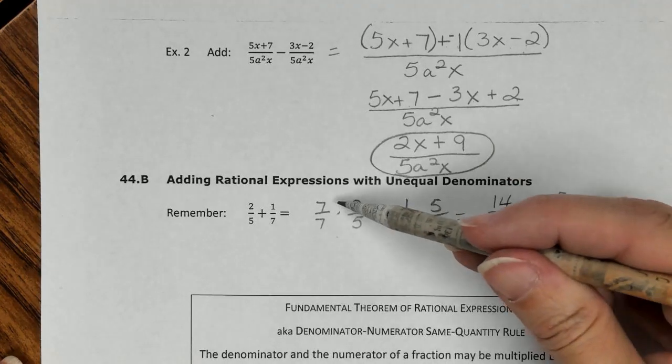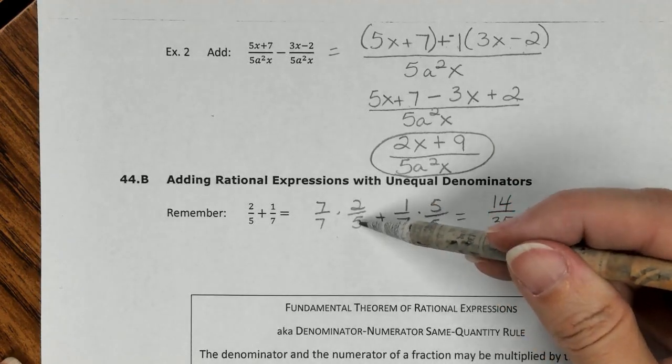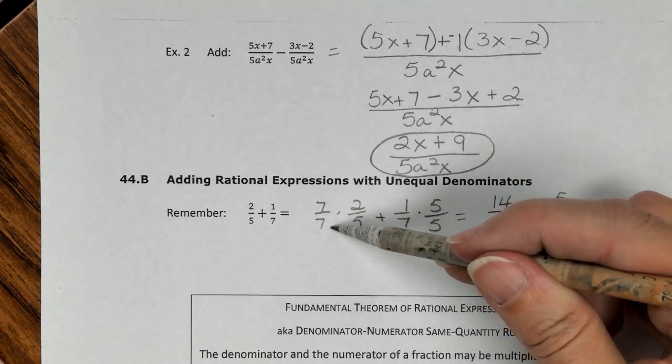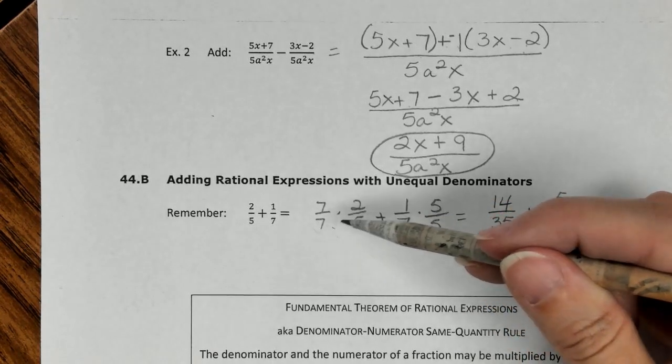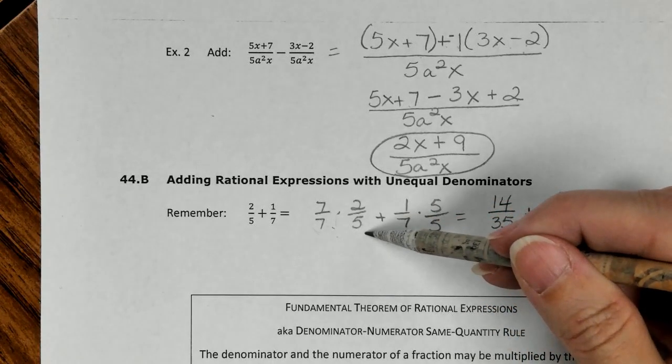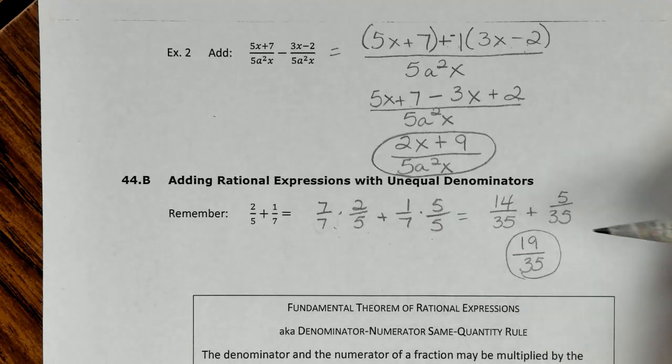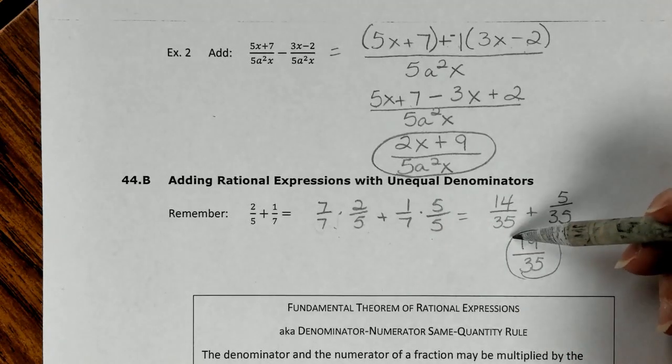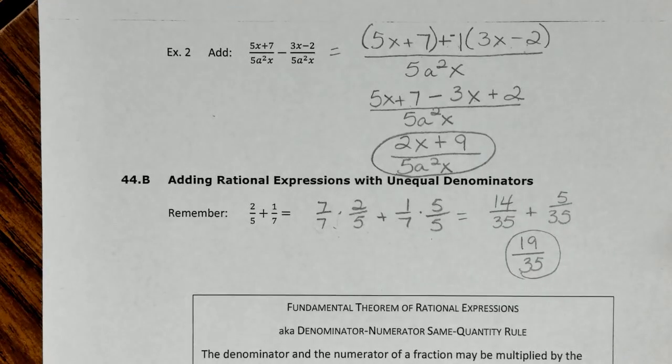That's what we were doing here. We multiplied top and bottom by the same number because 7 over 7 is equivalent to 1. And so we didn't change the value of 2/5, we just changed what it looks like. Whenever we wrote it as 14 over 35, we could reduce that and we come right back to 2/5. They're equivalent. So that's what that rule in the box is saying, that we can do that.